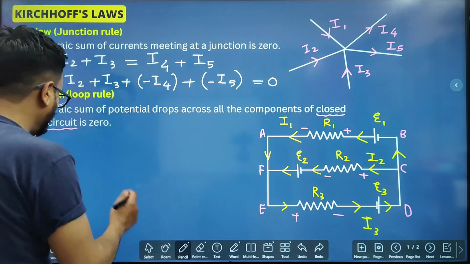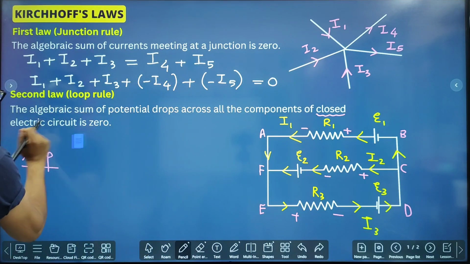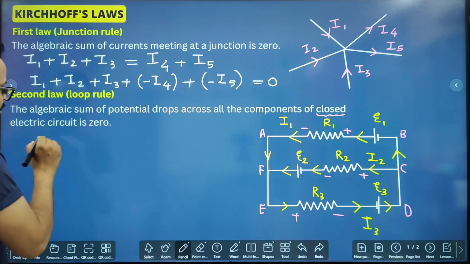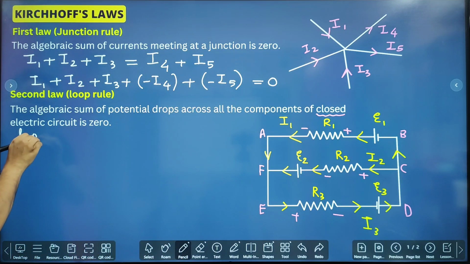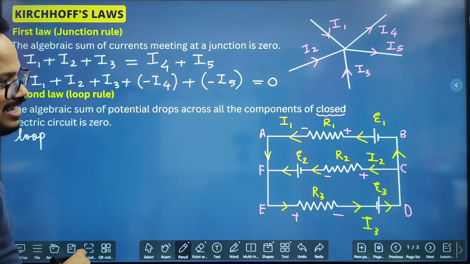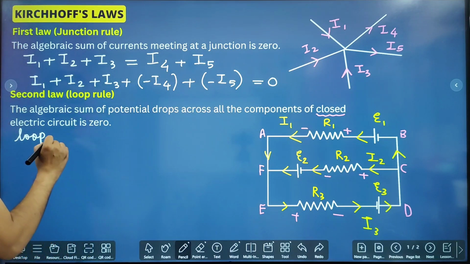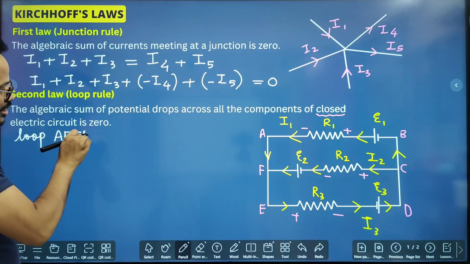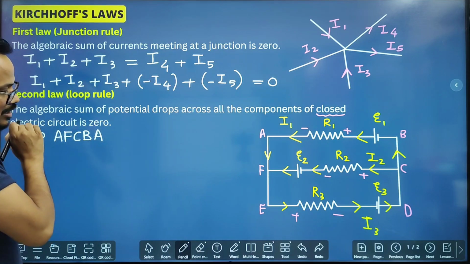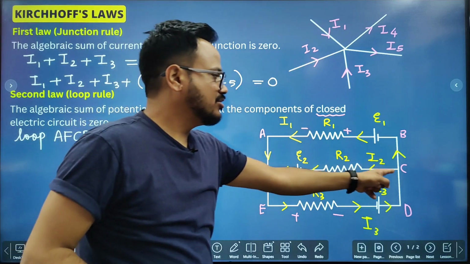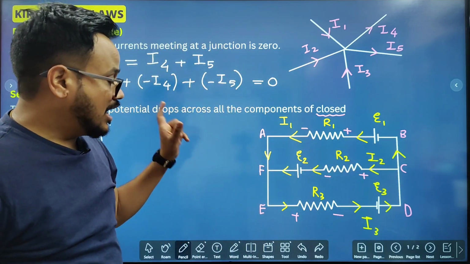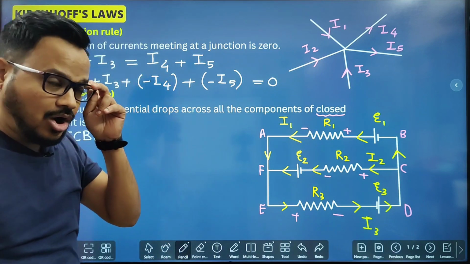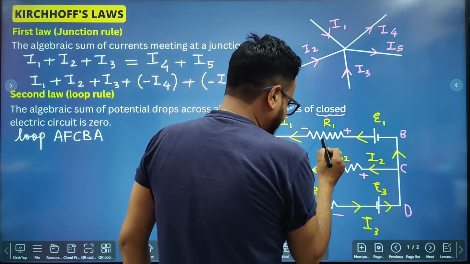Now take any loop. Let us take this first loop, loop AFCBA, and consider a direction of loop traversal.